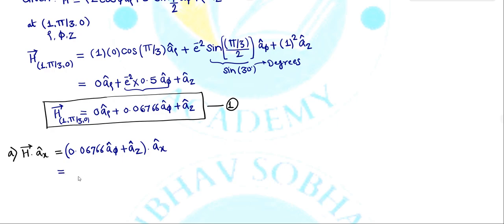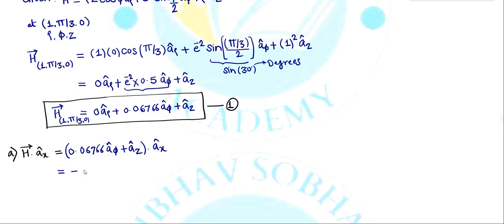Okay, so the dot product in between that A5 and AX will be what now? The dot product in between that A5 and AX is minus of sine phi. So I am going to write that over here.